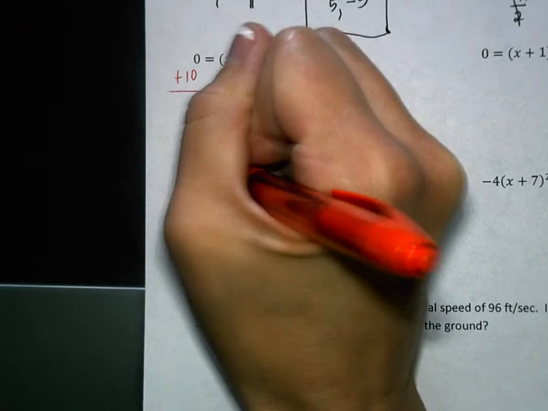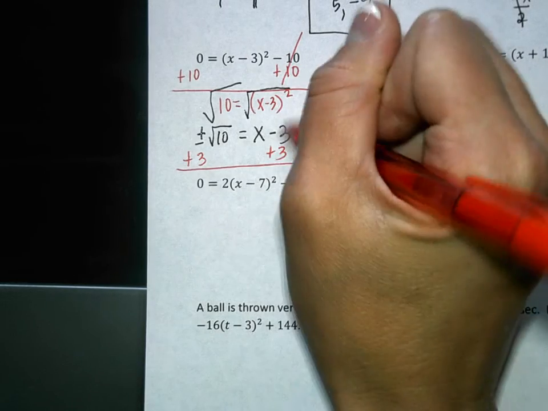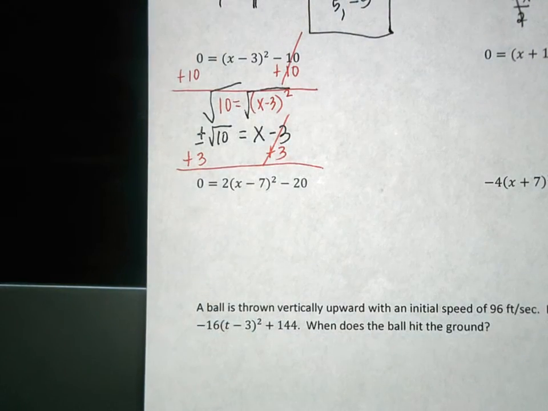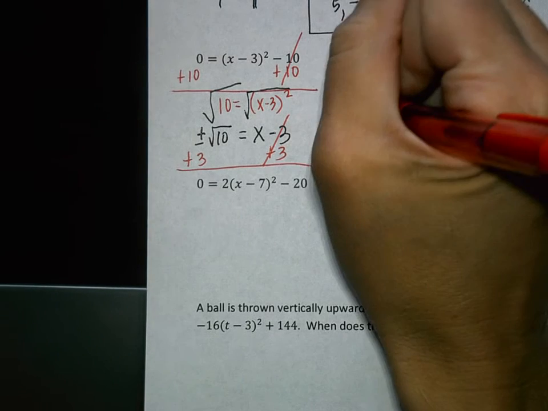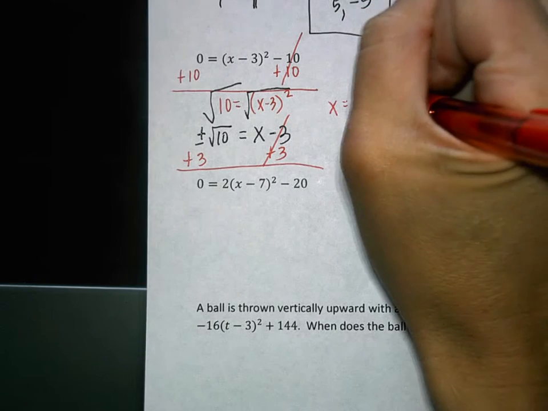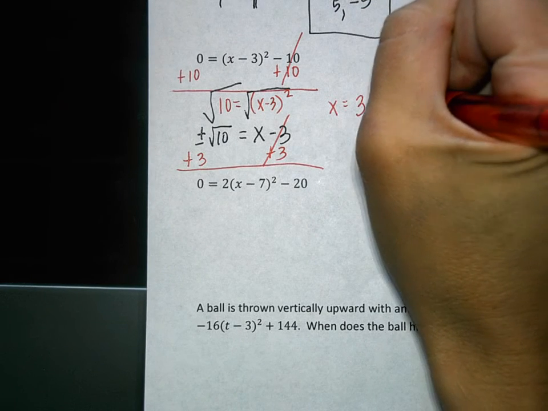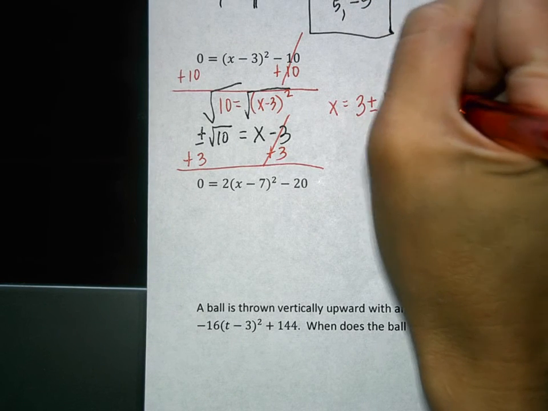Now this is where you have to remember some things. And that is, can I add 3 and root 10 together? No, because one has a root and one is just a regular number. And so how you would write this is x equals 3, and then we keep our plus or minus root 10.